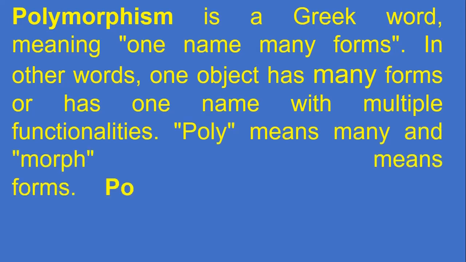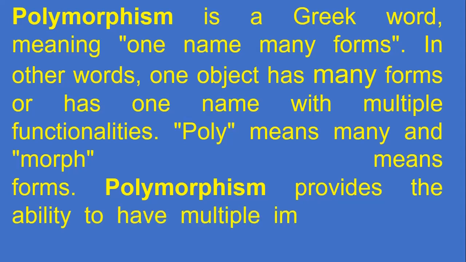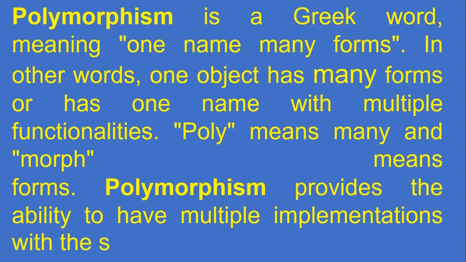As you can see on the screen, in other words, one object has many forms or has one name with multiple functions. Poly means many and morph means forms. So polymorphism provides us the ability to have multiple implementations with the same name.